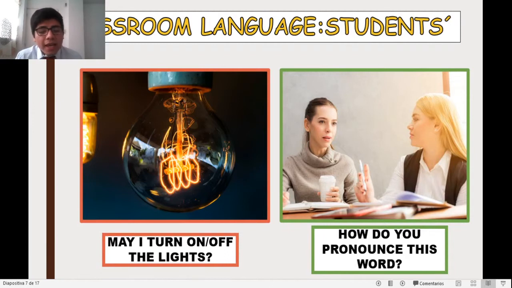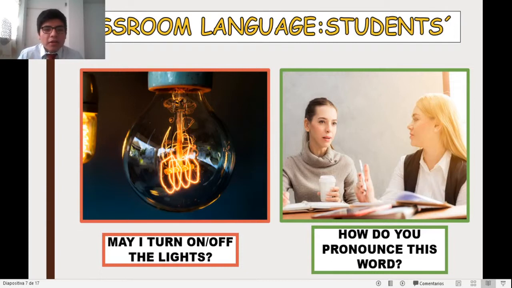So you say, how do you pronounce this word? ¿Cómo pronuncias esta palabra? Okay, so repeat after me. How do you pronounce this word? Exactly, that's great. One more time. How do you pronounce this word? Good.